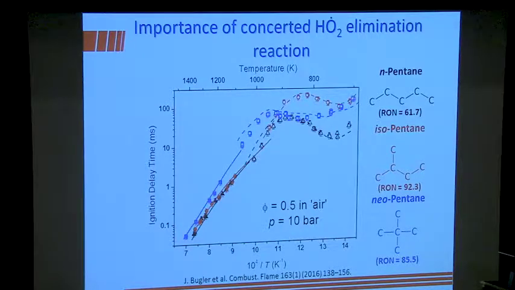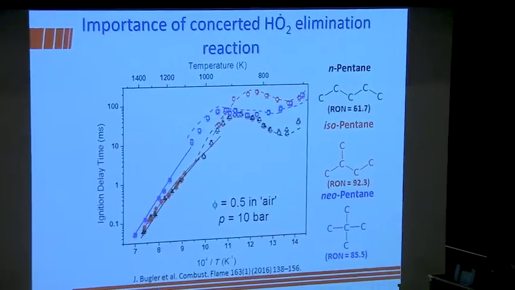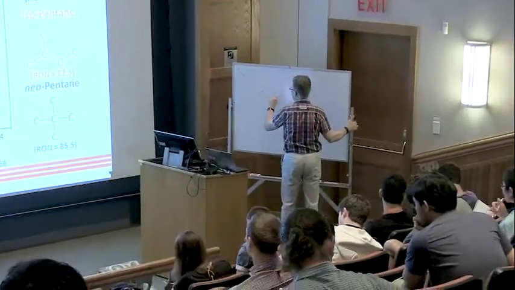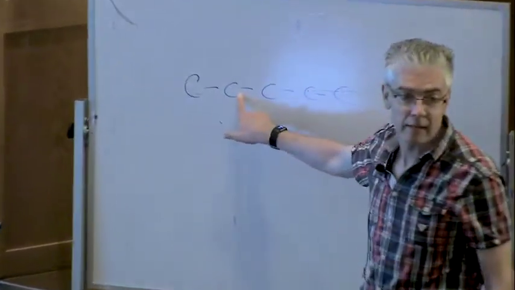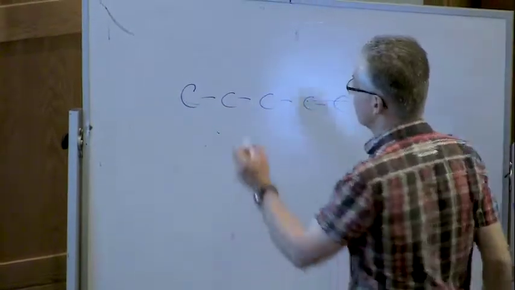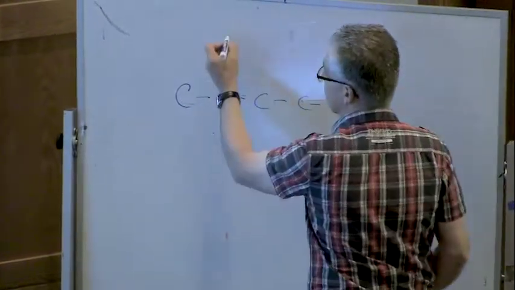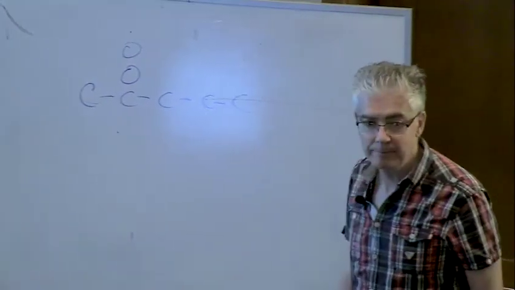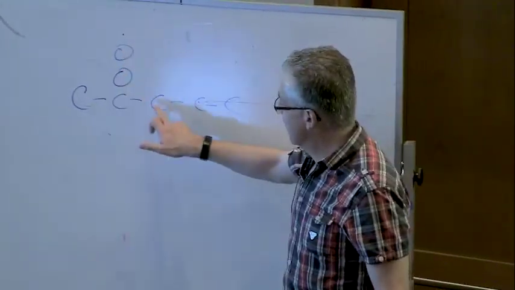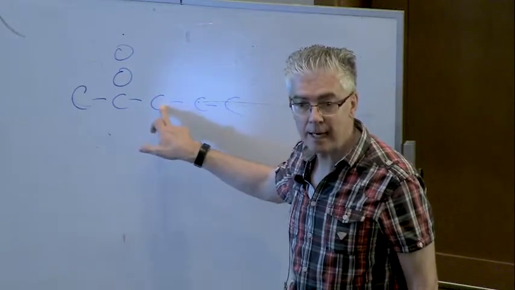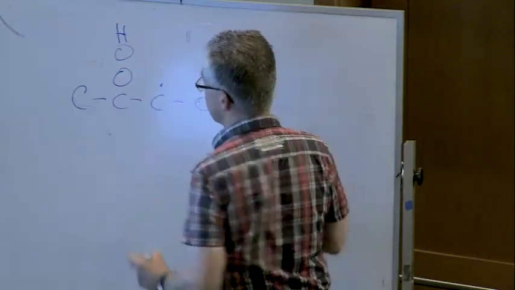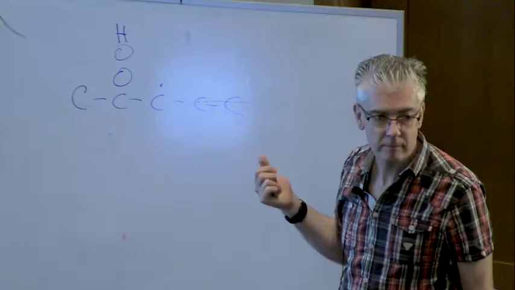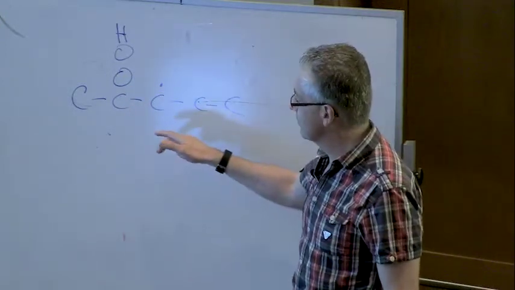So what is the concerted elimination? Let me try and see. For n-pentane, for instance, the most easily abstracted hydrogen atom is a secondary one. So I'll draw it here, and we have this radical. Now, if we abstract a hydrogen atom on this carbon here, we get this species as an intermediate. This would be an RO2 to QOOH.